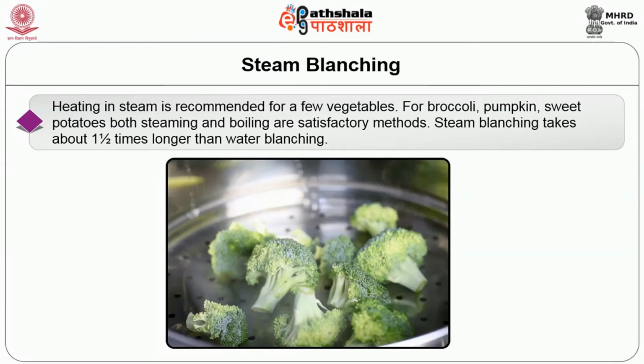Put an inch or 2 of water in the pot and bring the water to boil. Put the vegetables in the basket in a single layer so that the steam reaches all parts quickly. Cover the pot and keep heat high. Start counting steaming time as soon as the lid is on.